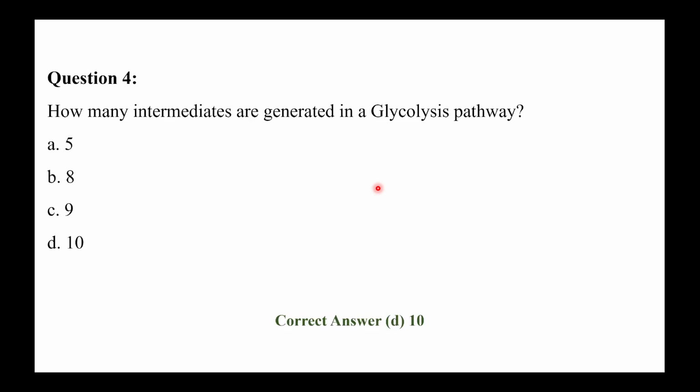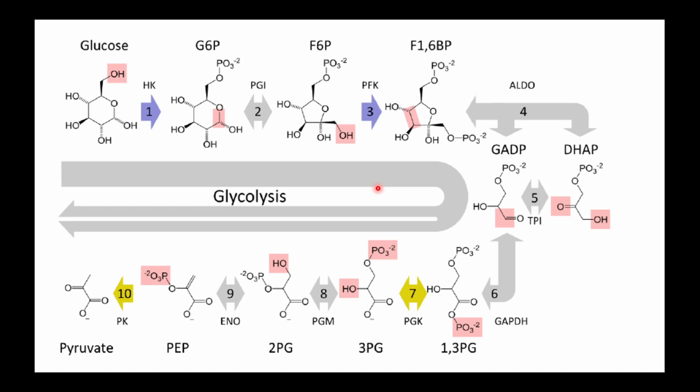So glycolysis pathway starts from glucose and it ends with pyruvate, and in between there are total 10 steps. Okay, so there are 10 different compounds that form before it reaches the final compound, that is pyruvate.